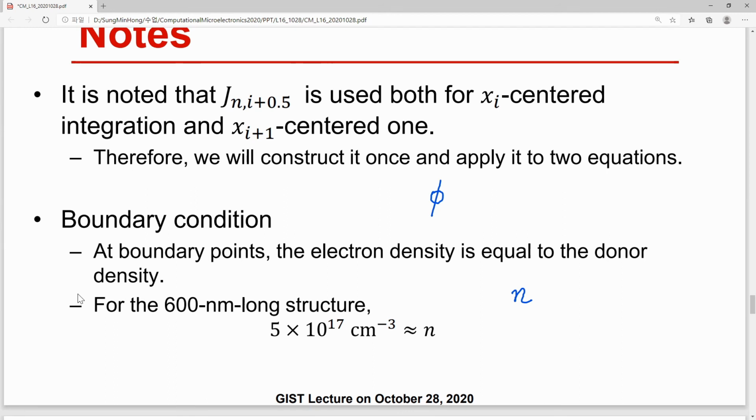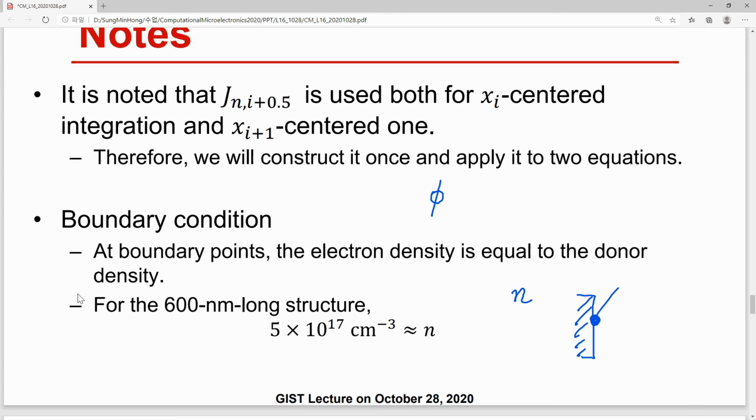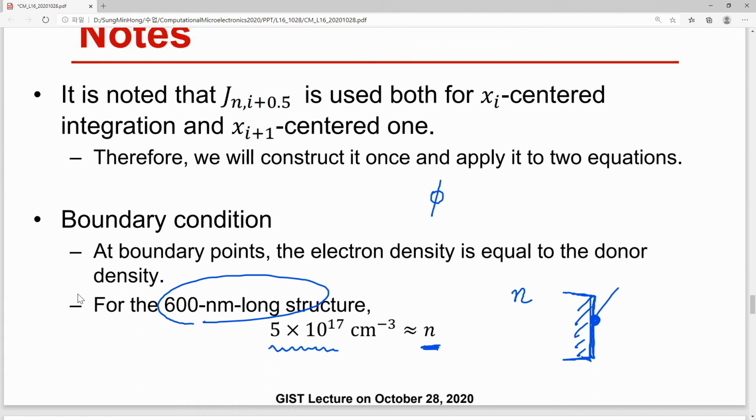Previously we assumed that at the metal and semiconductor contact, that point is just kept as a local equilibrium. Now we have the doping density 5 times 10 to the 17 for long structures, and that is just given as the boundary value for our electron density.